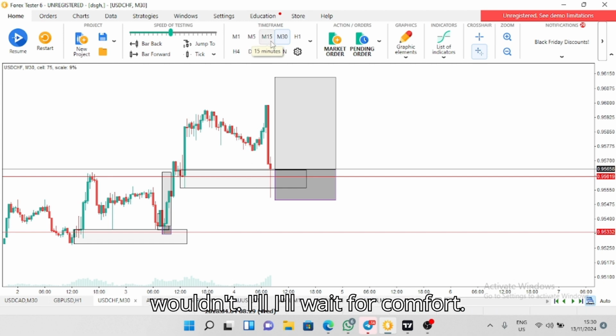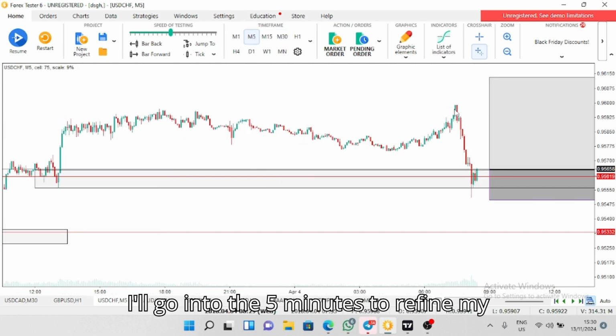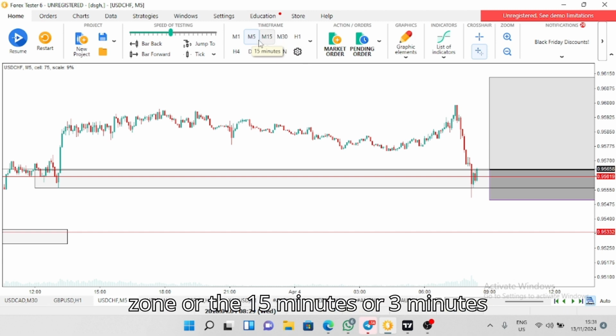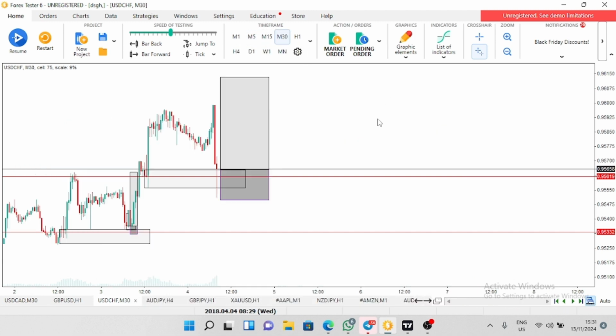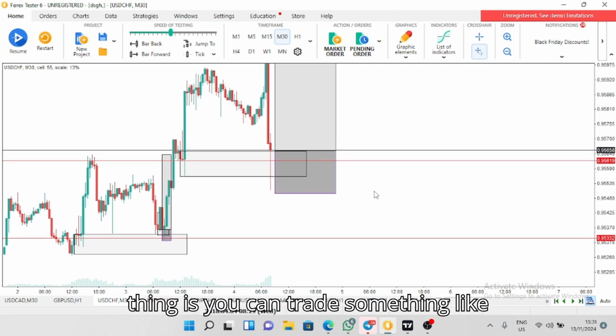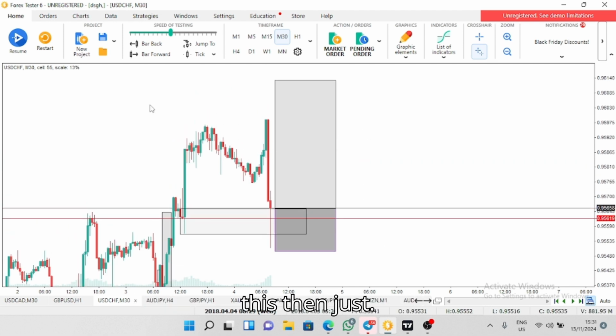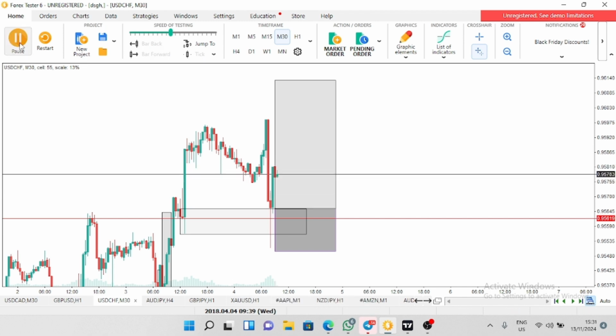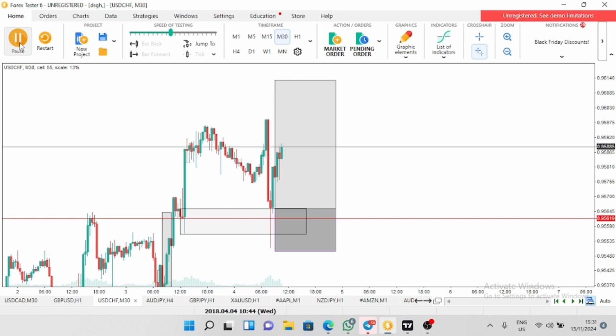I'll wait for confluence. I'll go into the 5 minutes to refine my zone, or the 15 minutes, or the 3 minutes. But for the swingers, you can trade something like this. Then just do the trade.